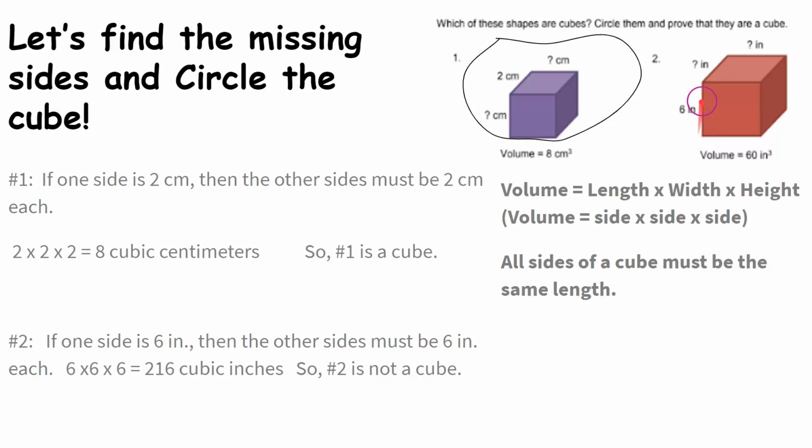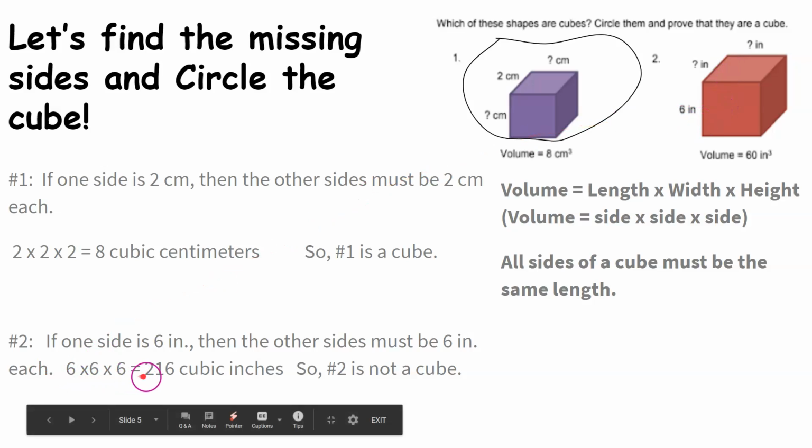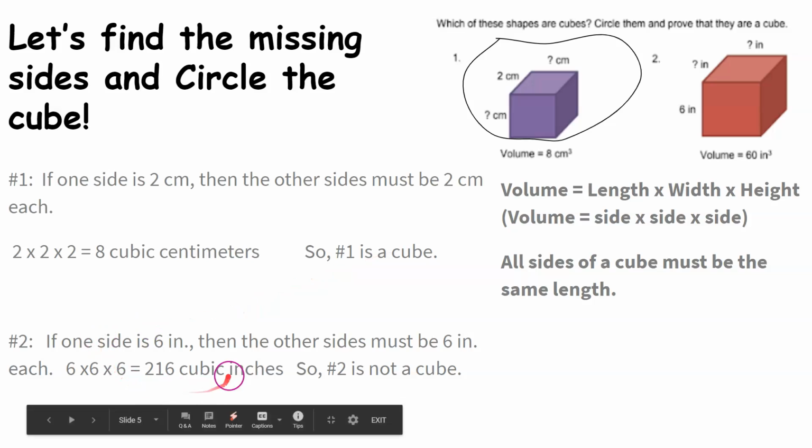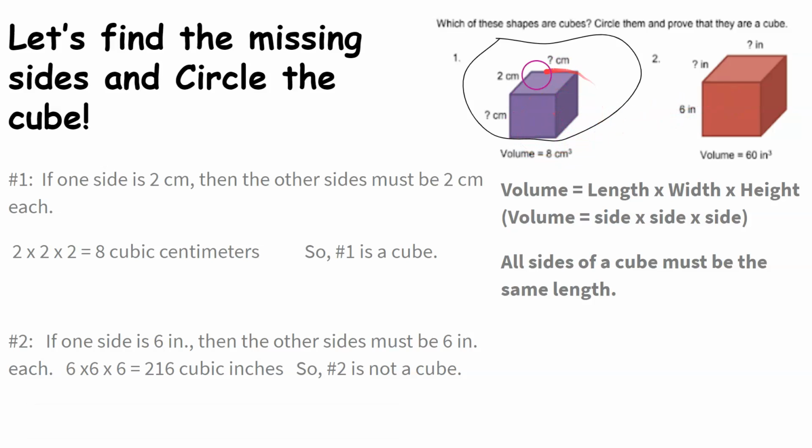For the red figure, the height is 6 inches, but we know that the length and the width cannot be 6 inches too, because when we do the math, we do not get 60 cubic inches. We get a different number. So this cannot be a cube. This is the cube over here at number 1.